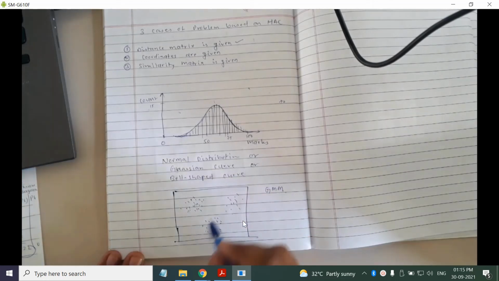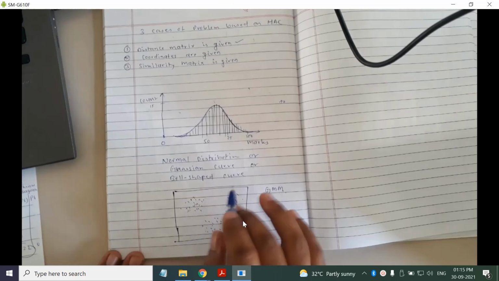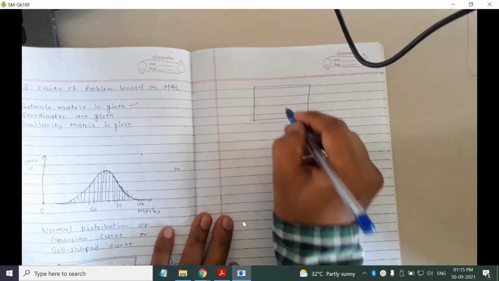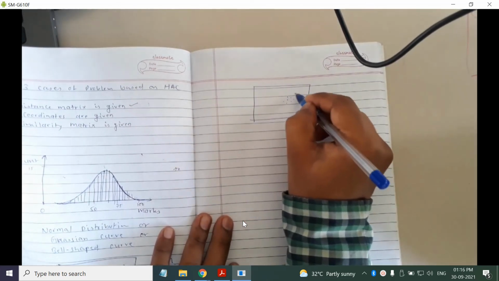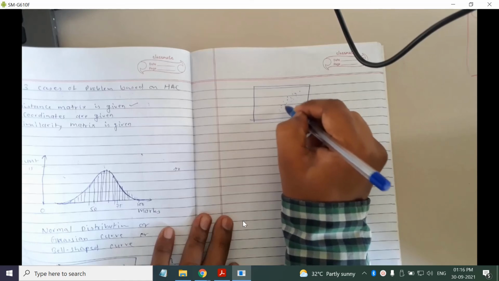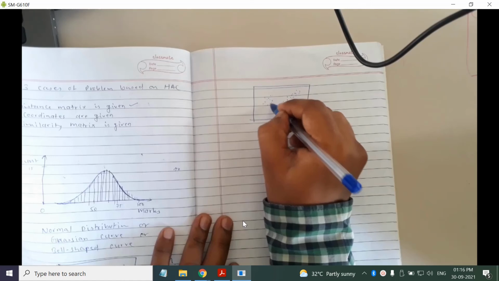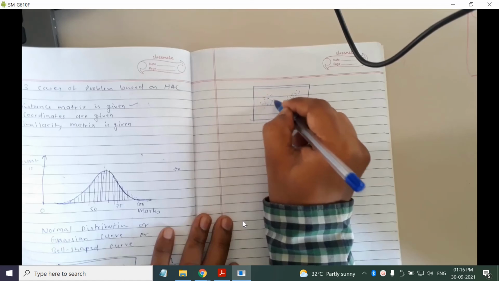So this is one example. I may have a distribution in this form, elongated, or I may have a spherical one also, right?